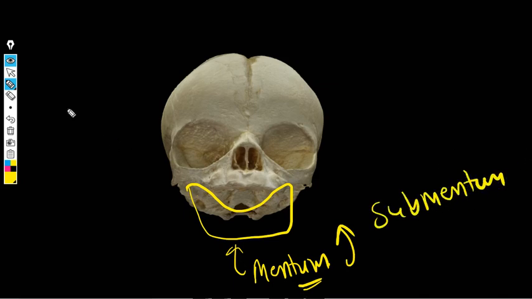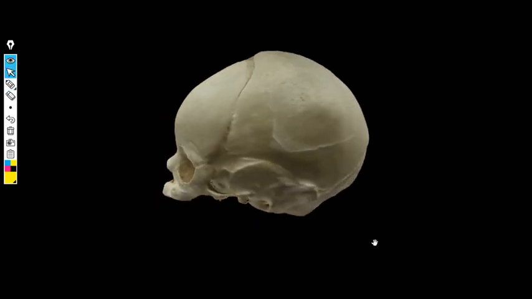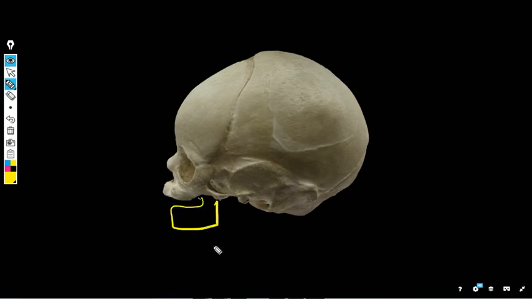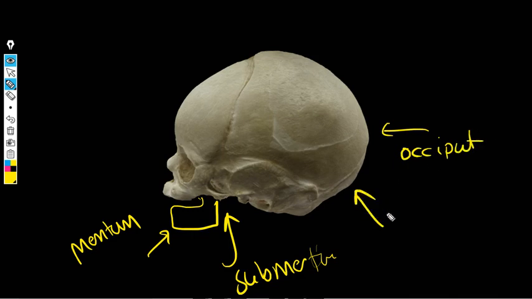I will show you in the lateral picture here. For example, this is the mandible we have here. So this is mentum and this is submentum. Similarly, this is occiput, but this is subocciput.